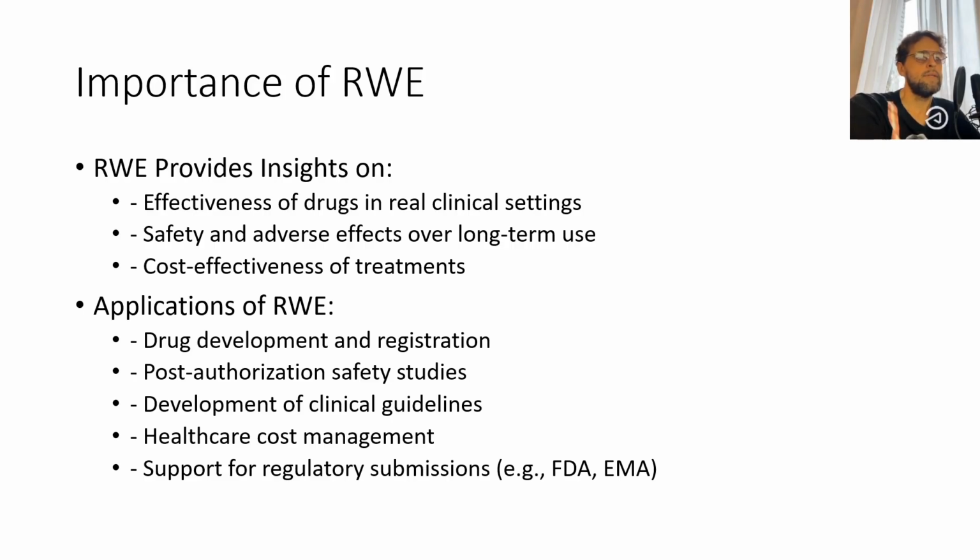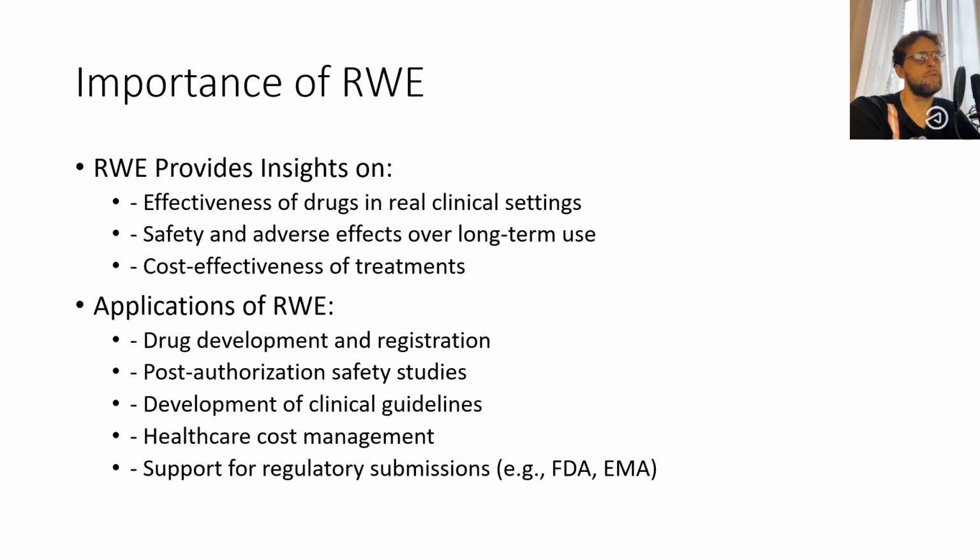So we are able to utilize this real-world evidence as a late-stage data source, which could be assembled based on previous studies. We can analyze multiple sources of medical products being utilized to treat certain patients, and we're able to use this data.